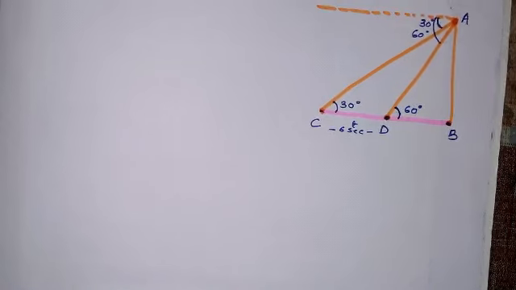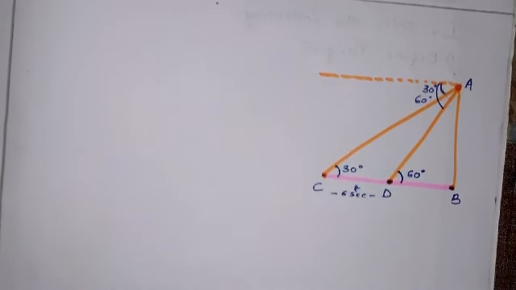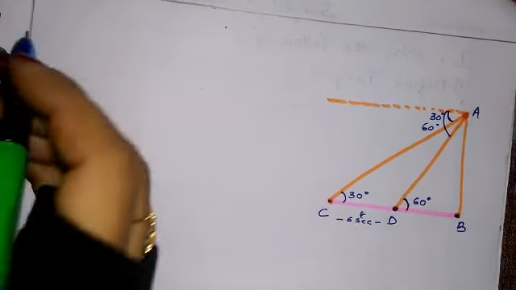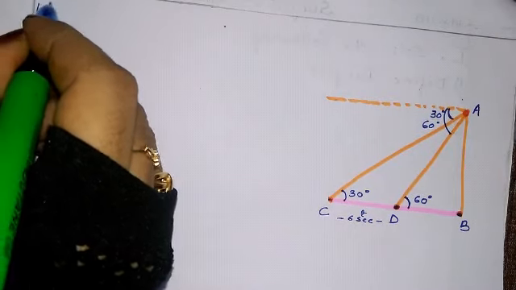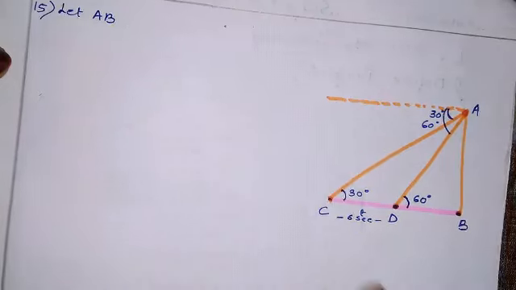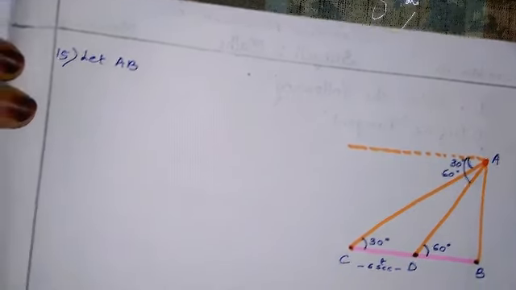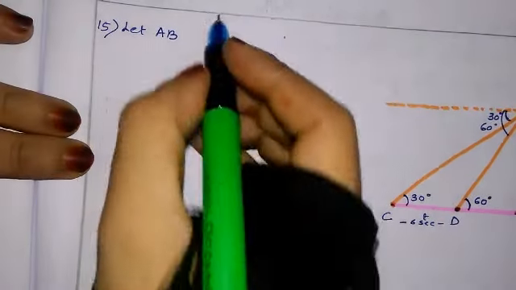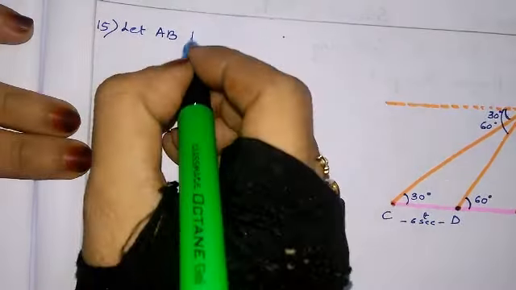Let us see. Okay. Let me write the description. Let AB be the tower.